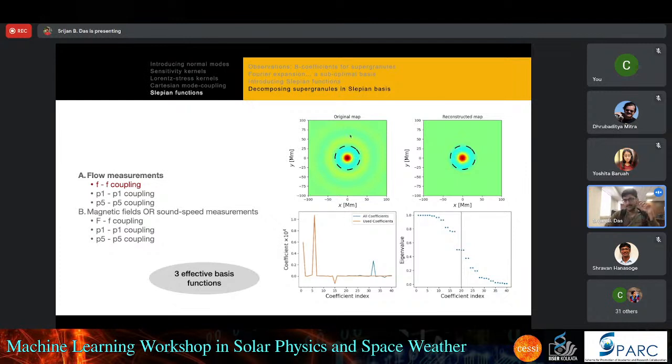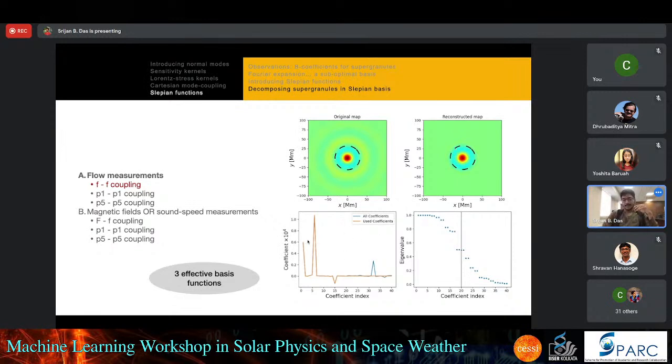So that's where we have the circular black dashed line. Now, what we want is to reproduce the structure contained inside that spatial region. And if we use the Slepian functions, the basis that I showed you before, what you get on the right is the reconstructed image, which does not care about anything outside it, but cares about everything that's inside it.